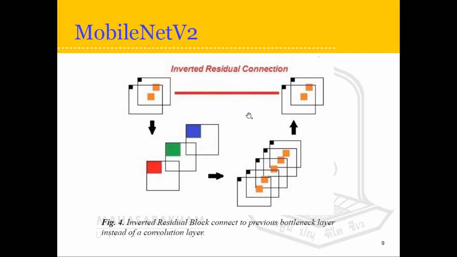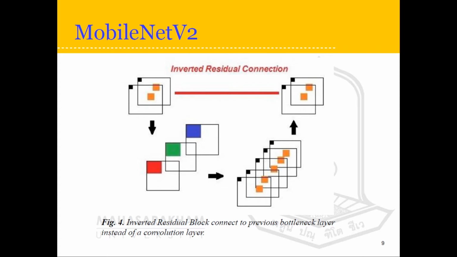And then they add another special connection called the inverse residual block. It is the block that tries to connect the depth-wise separable convolution to the previous bottleneck layer, but using the thinner layer instead of the thick one. MobileNet version 2 is a bit smaller than the first generation, but still has equivalent performance.